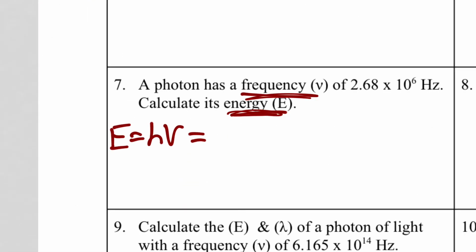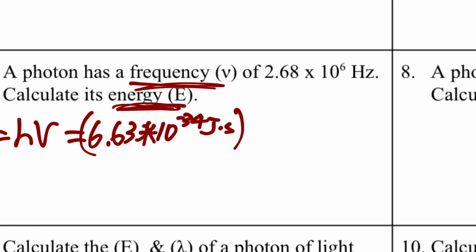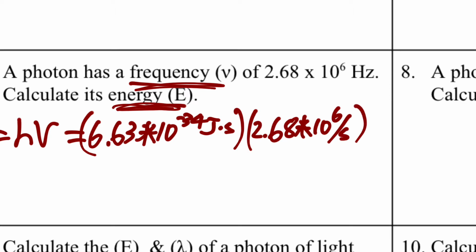So you would carry that down, 6.63 times 10 to the -34 joules second, and multiply it by the hertz over here, 2.68 times 10 to the 6th hertz, which is essentially per second. What I want you to pay attention to is that the seconds cross out, and you're left with the unit joules.